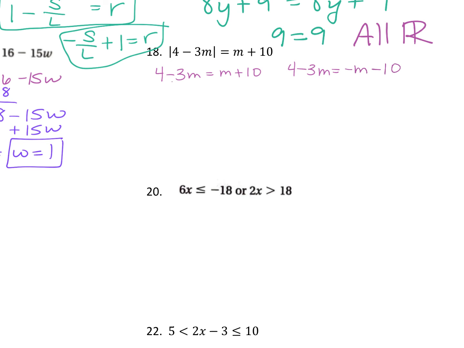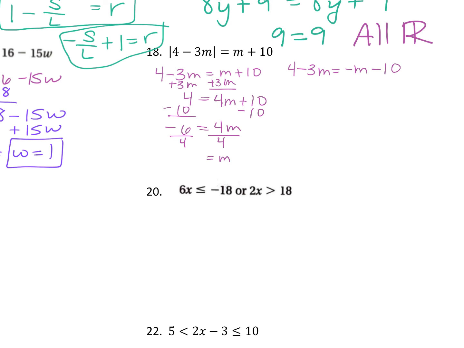Okay, so simplify those. I would add 3m. So that's 4m plus 10 equals 4. And then I would take away 10. So you get negative 6 equals 4m. And then divide by 4.